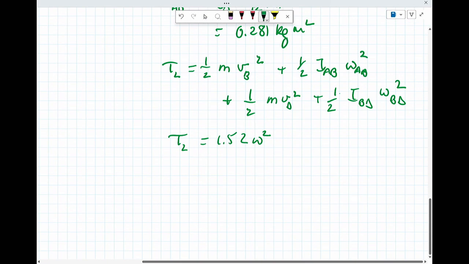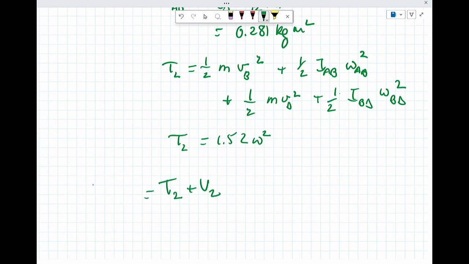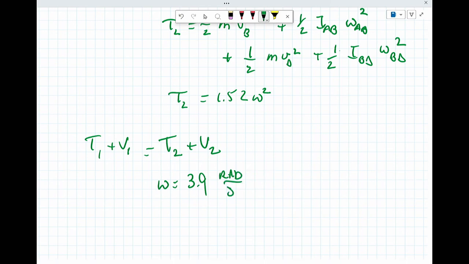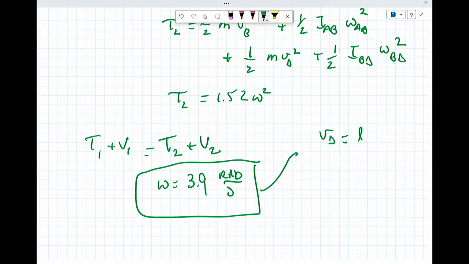And you end up with T2 plus V2 equals T1 plus V1, and omega equals 3.9 rads per second. Once you substitute that in, you have everything you need to solve through for the rest of it. Velocity of D is the length of D with respect to IC times omega BD, and velocity of D is equal to 2 meters per second.